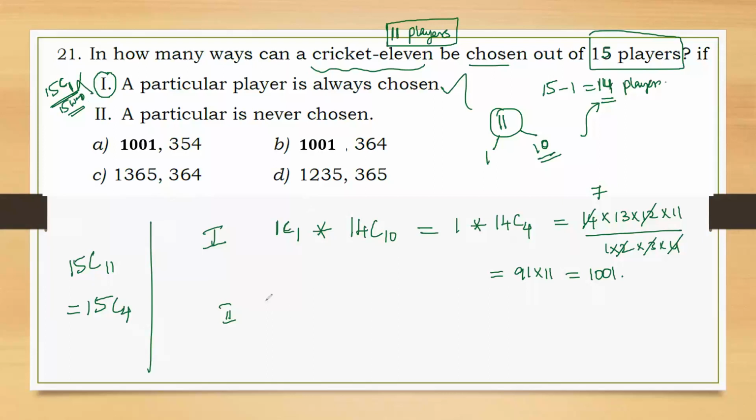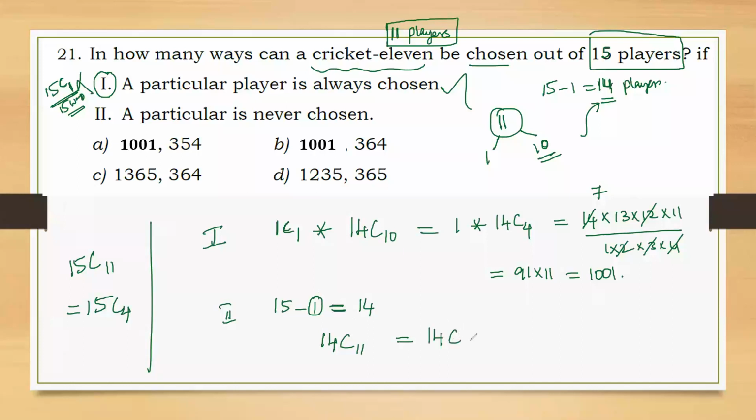Okay. Then the second case, a particular player is never chosen. So out of 15, one person will not be chosen. Never chosen. So the remaining we have is 14, right? Out of 14, we need to select 11. Initially it was 15 players, and one person will never be chosen, so we subtract and get 14. You need to find 14C11.